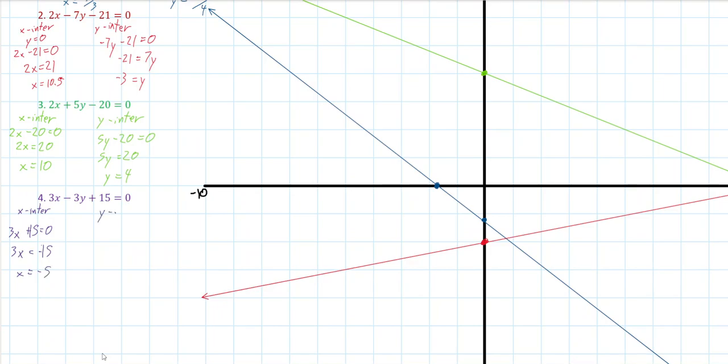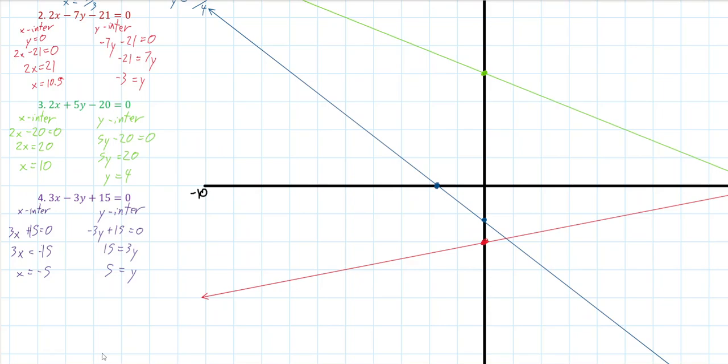In our y-intercept, we're going to have negative 3y plus 15 equals 0. Now we can move the 3y over, so it's going to be plus 15 equals positive 3y. Then we're going to get 5 equals y.